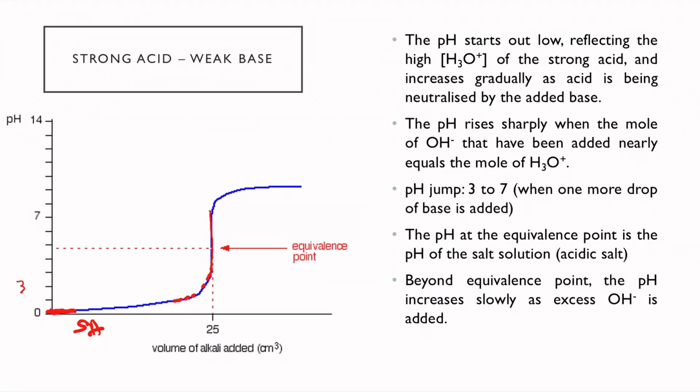Sinilah 3. So that means your equivalence point is in the middle here. Berapa tu? So it's at pH 5. So at 25 milliliter on your x-axis and pH 5, that is your equivalence point. It is pH 5, less than 7 kan, because you have an acidic salt solution.